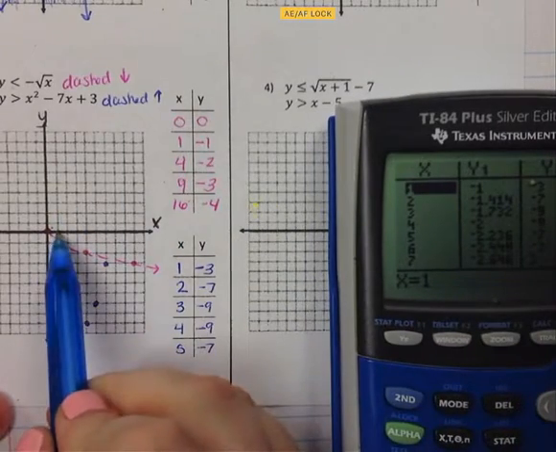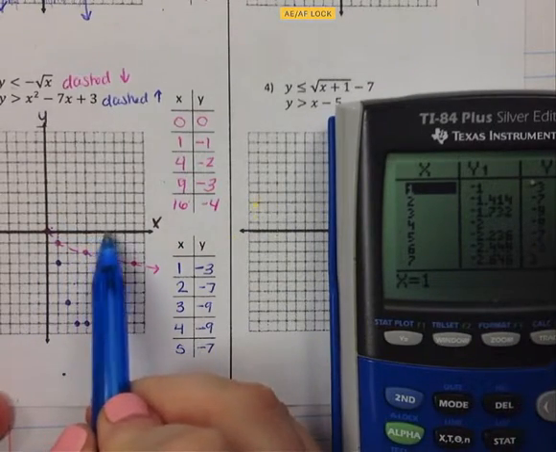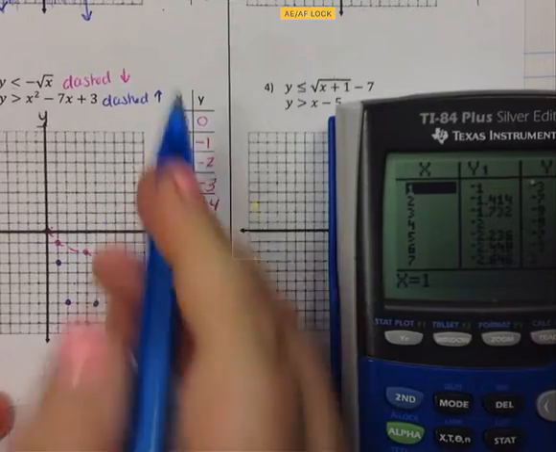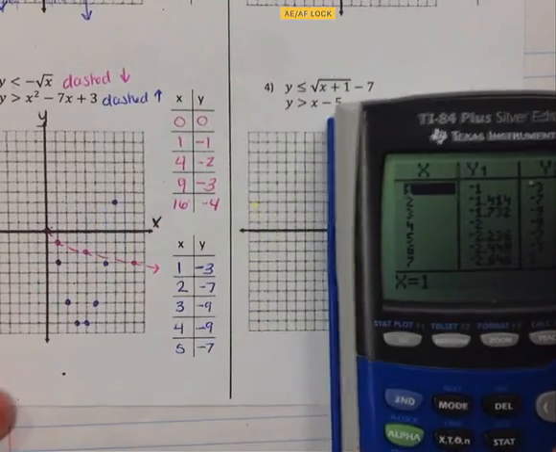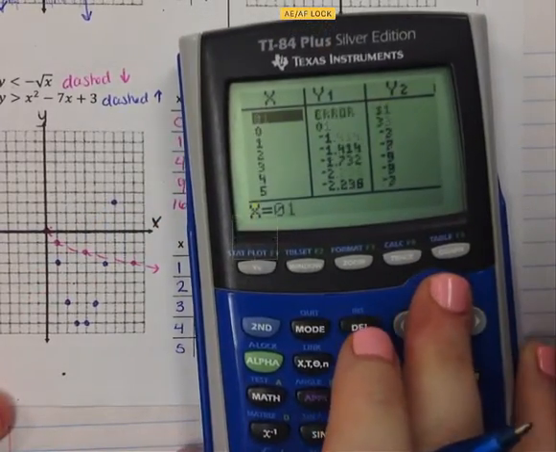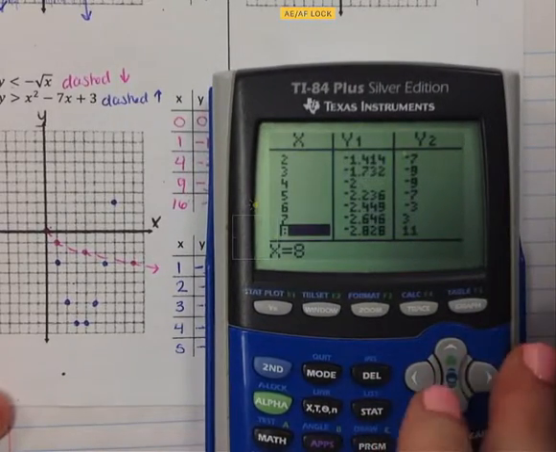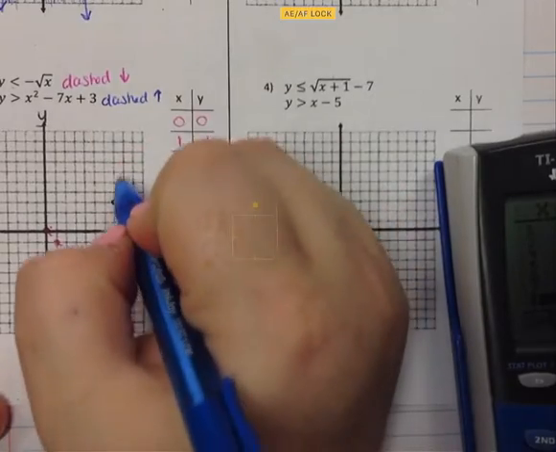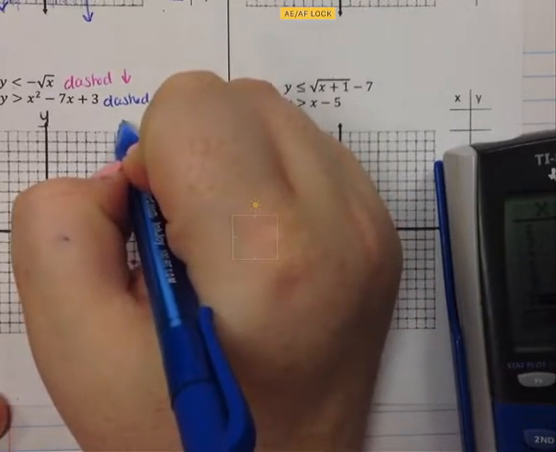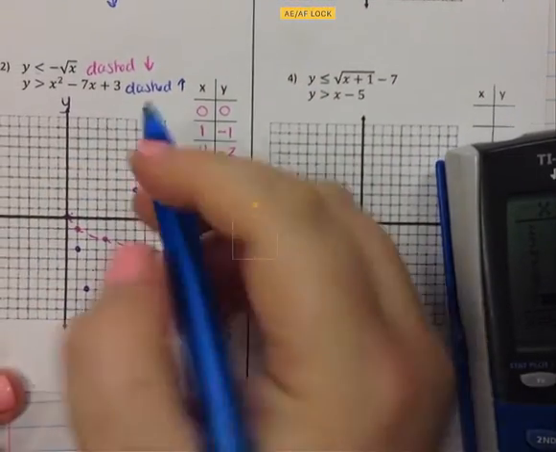So I have 1, 2, 3, 4, 5, 6, 7. Let's see if there's any other ones. At 3, +3, and then we have 8, 11. So I can go a little off the graph here, 8, 11. And I just want to mirror these.